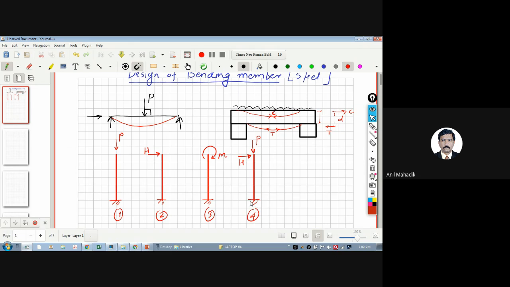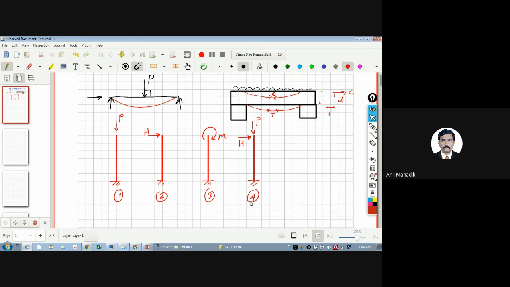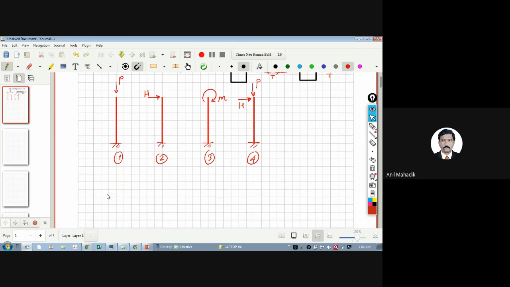All of you know that a beam is a bending member. This is very clear from this. So can you say this case 1 is a bending member? Any guess?